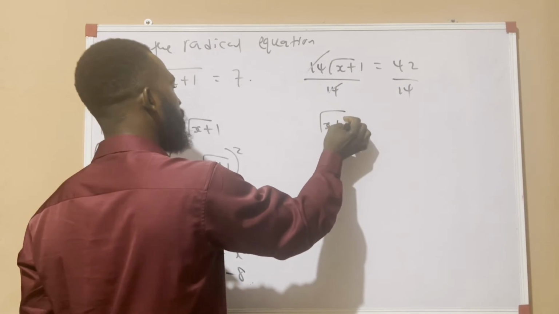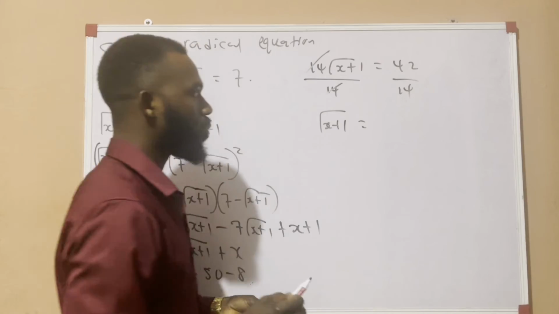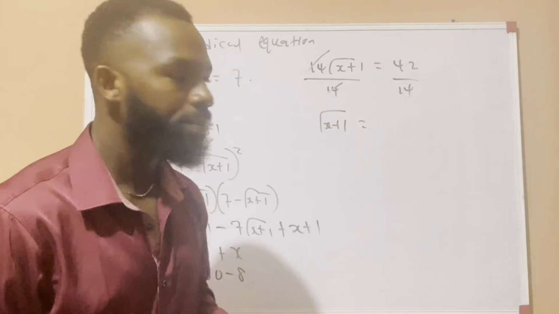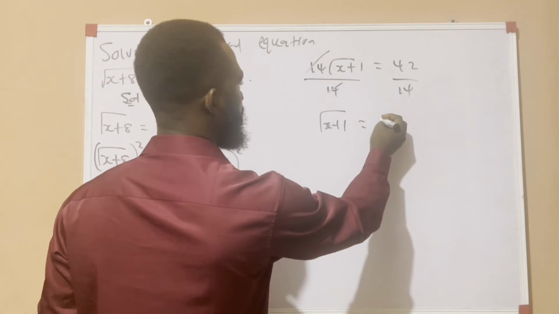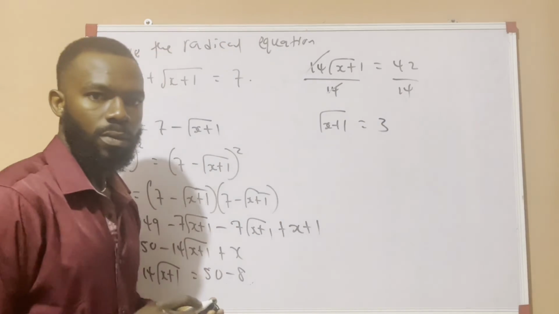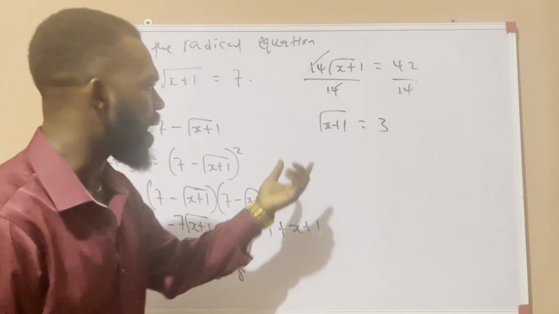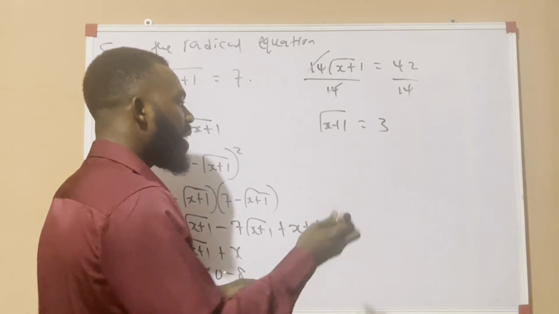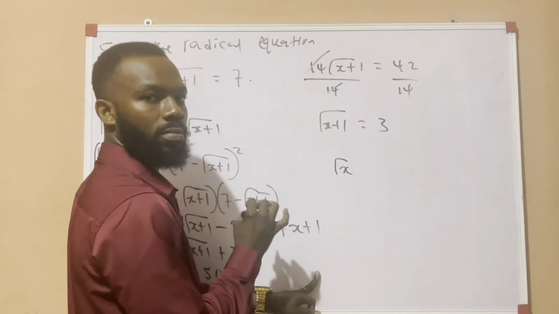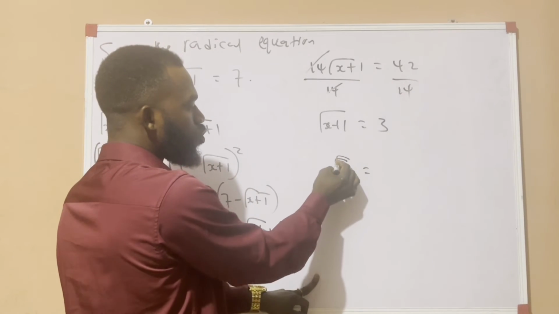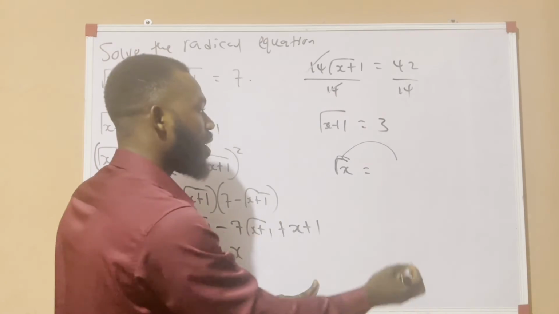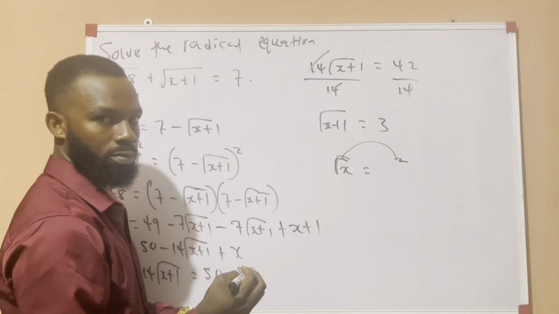So when 14 cancels out 14, what do I have left? Root x plus 1 is equal to, now 42 divided by 14 will give us 3. Here becomes 3. Now watch. If you have root x, and then the root crosses the equality sign to the right hand side of the equation, it becomes raised to power 2.